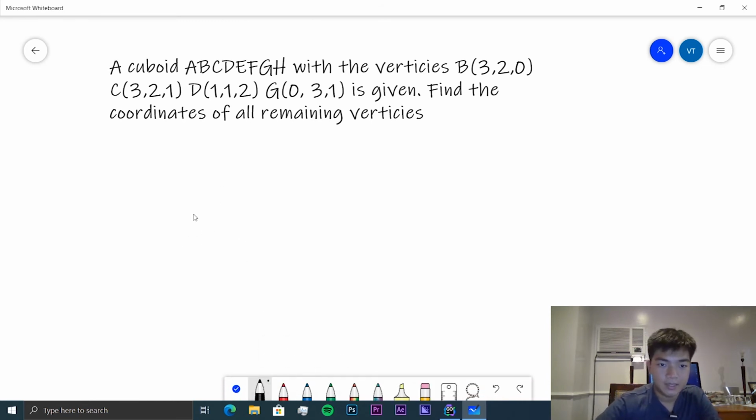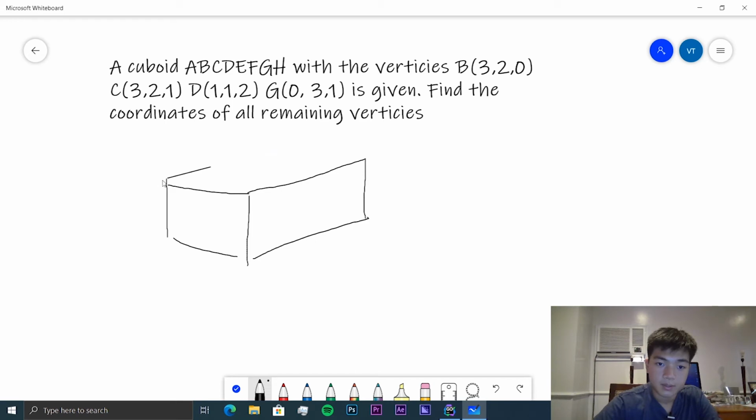What we get is, first let's label the cuboid actually. So we're given B, C, D, and G, so I want to have C here, B here, D here, and G here.